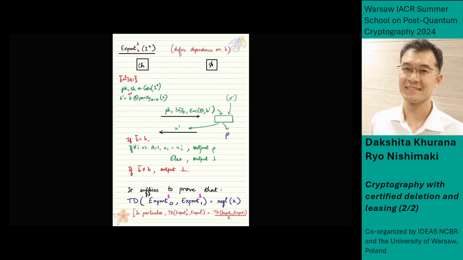We send the public key and the ciphertext and receive the certificate. After the challenger receives the certificate, if b tilde is equal to b, then do the same thing as the original experiment. If it's not equal, then output bottom.